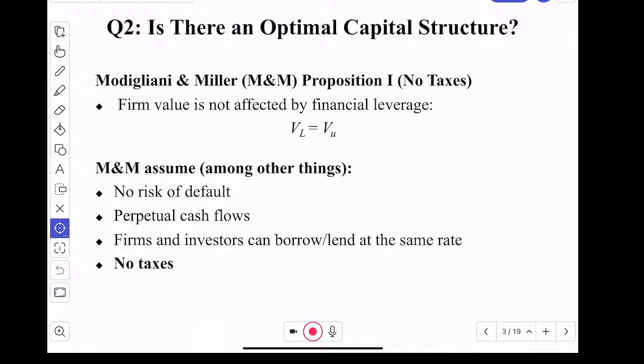We're also going to assume that firms and investors can borrow and lend at the same rate. That's as much a stretch as all the assumptions are, because in fact firms and investors do not have the same rate of borrowing and lending available to them. But we're going to assume that to get the result that we're looking for. And of course, finally, I reiterate that there are no taxes.